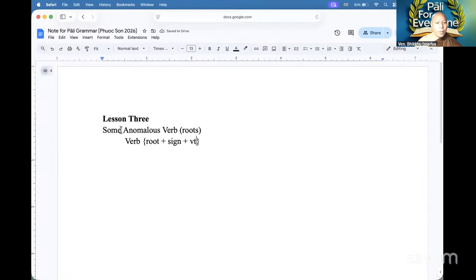But for these roots, formed without conjugational sign.